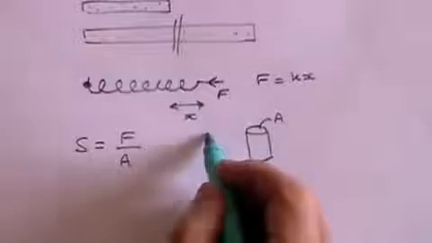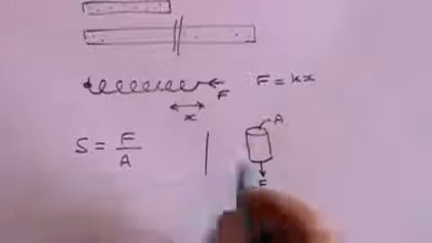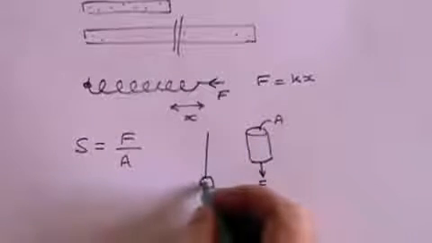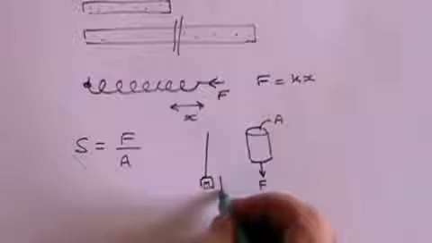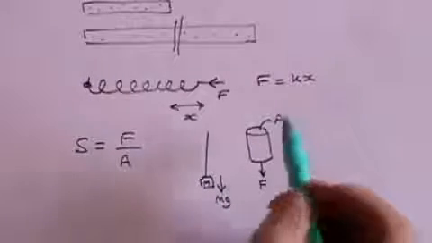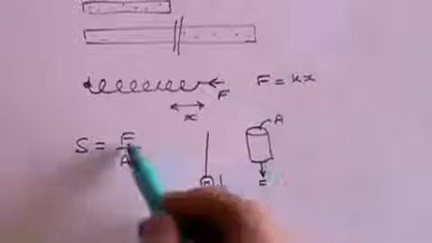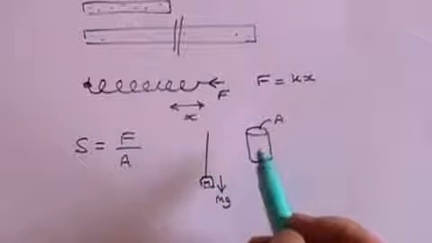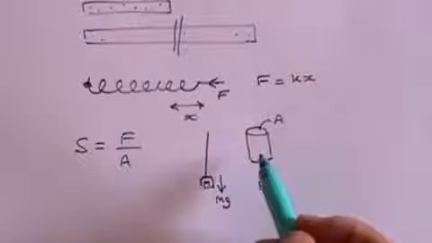Typically, if we draw the diagram, here's the wire. It's usually quite a thin wire, and on the end of it we have a mass m, and of course the force acting down will therefore be mg. Well, the force divided by the area will be the stress, or the tensile stress, put on that wire.